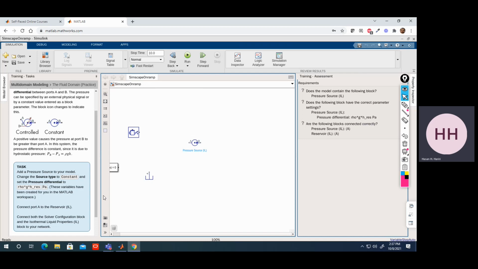Connect port A to the reservoir. Connect both the solver configuration block and the isothermal liquid properties block to your network. By default it is water.